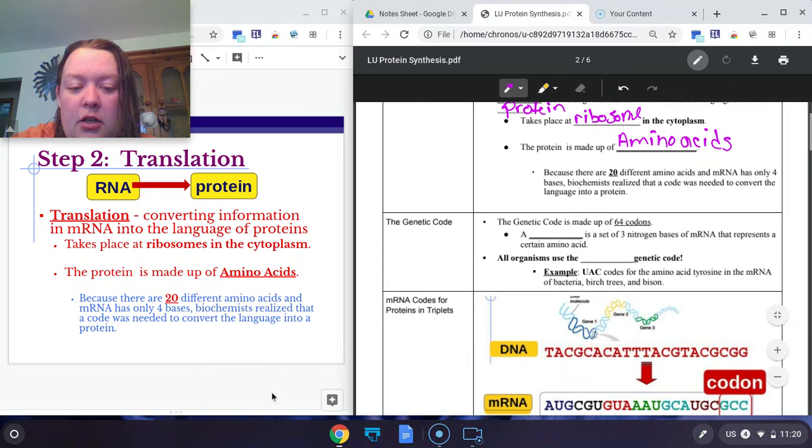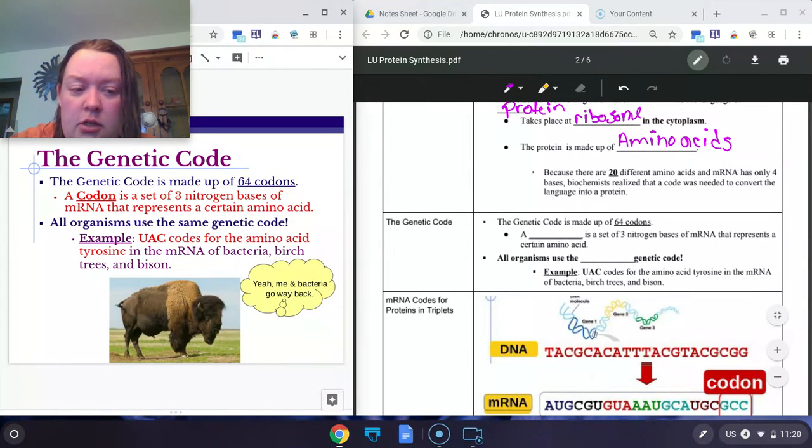Now, the genetic code is going to be the same in all living things. All living things have the same genetic code. And the genetic code is going to consist of 64 codons. So you can think of that as 64 different codes. A codon is a set of 3 bases that are going to represent one specific amino acid.